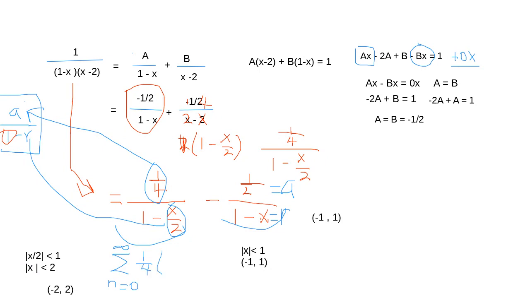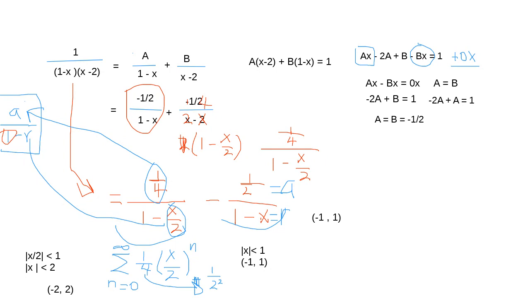Then the ratio is just x divided by 2 raised to n. And we can simplify this one. 1 over 4 we write as 1 over 2 squared.